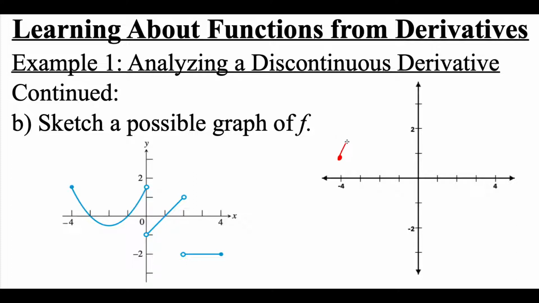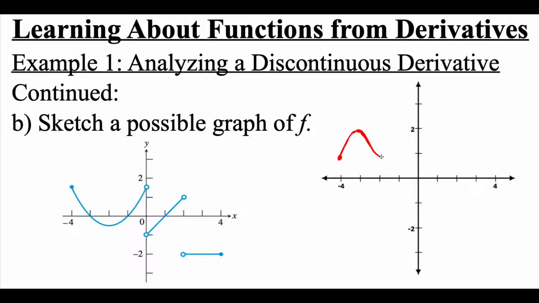Then at the x value of -3, we said that that was going to be a local maximum. So this graph is going to have to round at the x value of -3 and have a high point there. Now, because our derivative keeps decreasing, our function is still going to be concave down on that interval. But then once we hit this x value of -2, our graph changes its concavity.